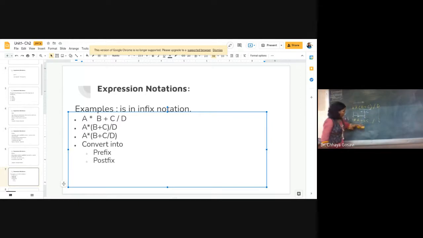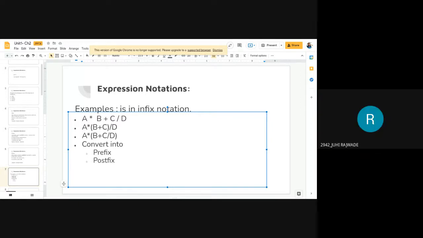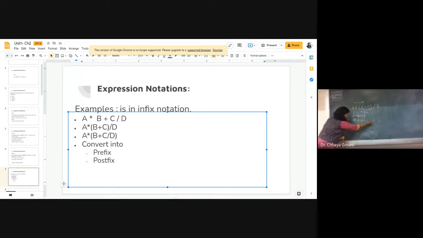How to convert a slash b to prefix? Slash ab. So slash should come first, then star A plus BC, which is my small a, and then D, not B, sorry. This is D. Is it clear?